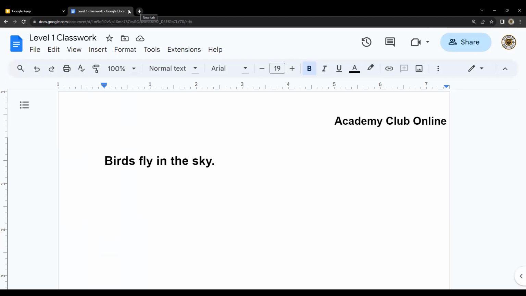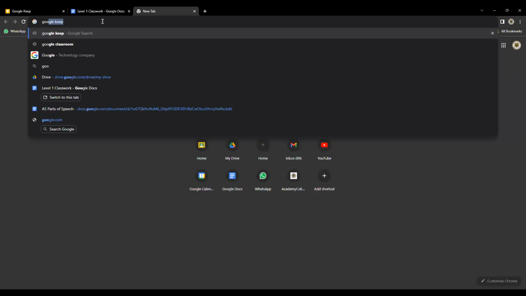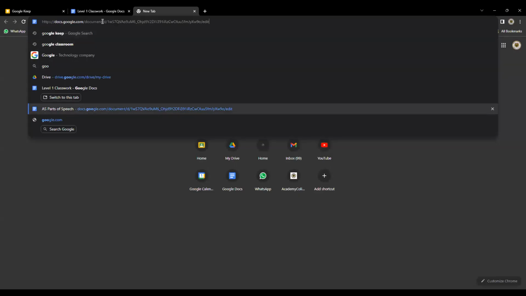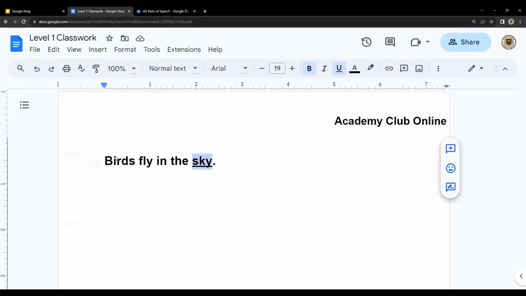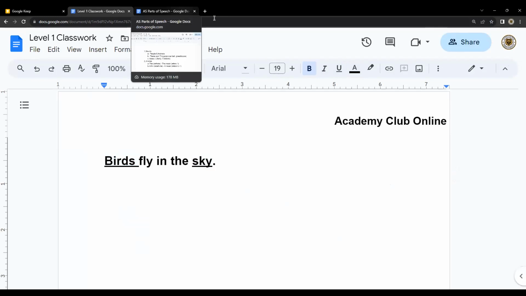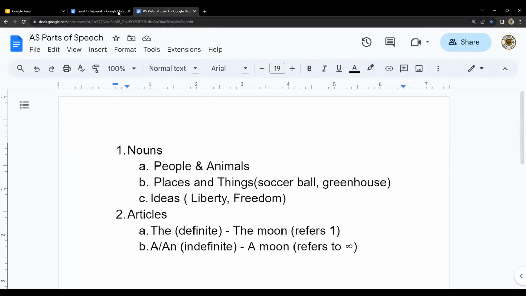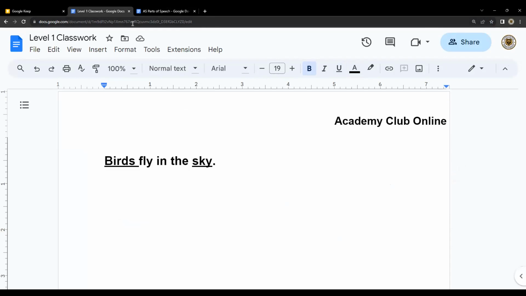Sky. Sky is a noun. ¿Cuál otro? Birds. Birds. Es el sujeto, pero it's a noun. ¿Qué más? Pues ya. Porque el otro es un verbo y preposición.